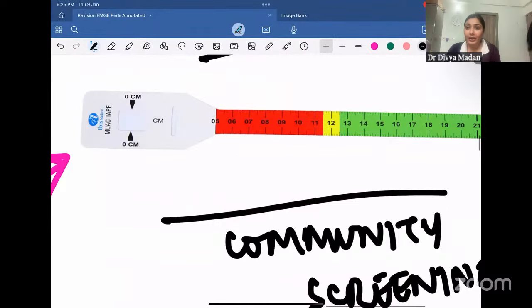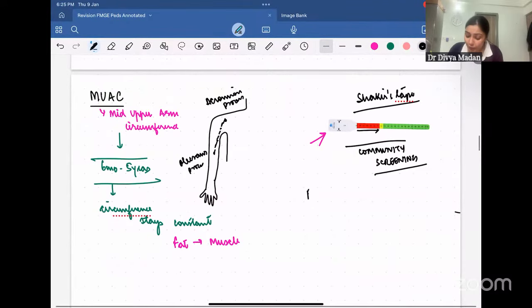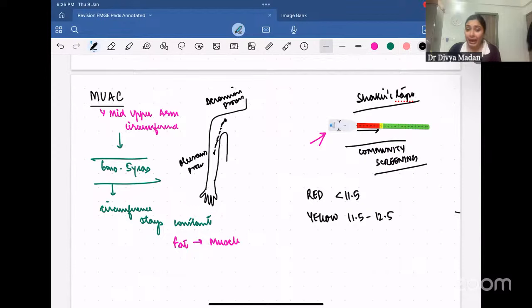Red is mid-upper arm circumference less than 11.5. Yellow is 11.5 to 12.5. And green is more than 12.5 centimeter.